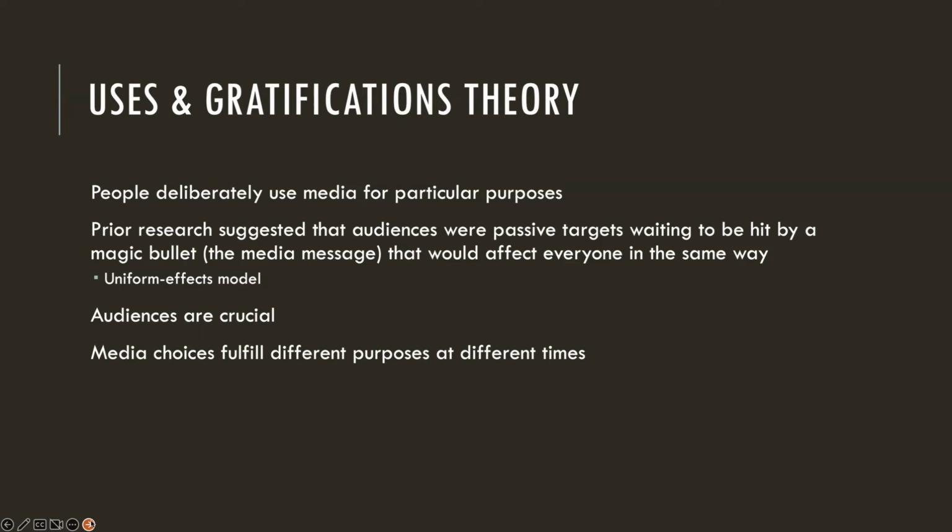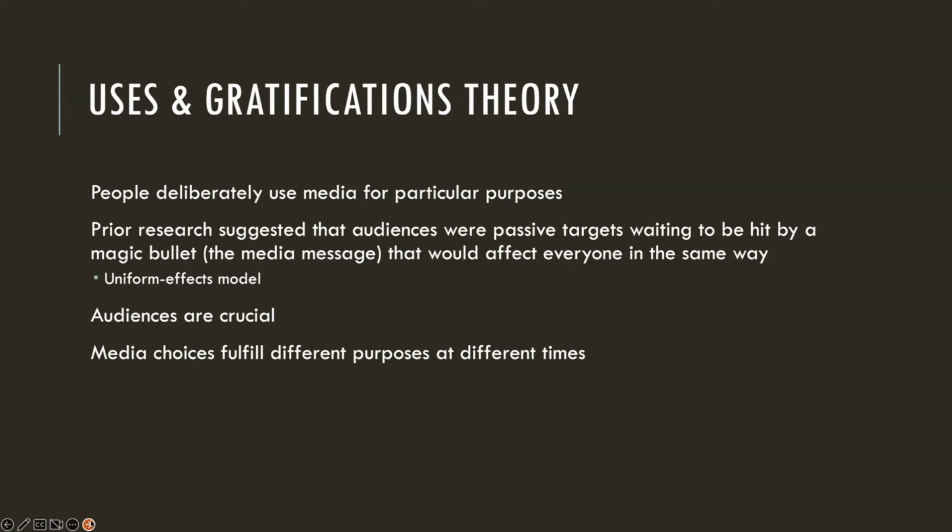And so when we look at early mass communication research that emerged even prior to the common use of television in people's homes, the idea was that any kind of message that audiences received, no matter what the message was, that everybody would be affected the same way.